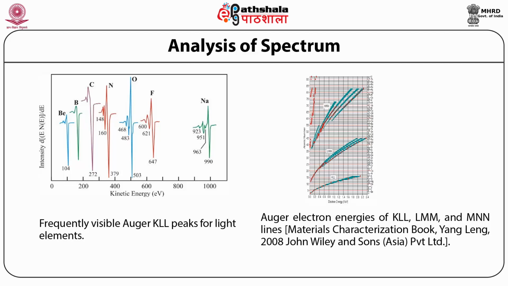The principal Auger electron energies for different elements are represented in figure 2. The dotted red lines indicate stronger and most characteristic peaks. The LMM lines are divided into triplets resulting from the differences in subshells involved in the Auger process.